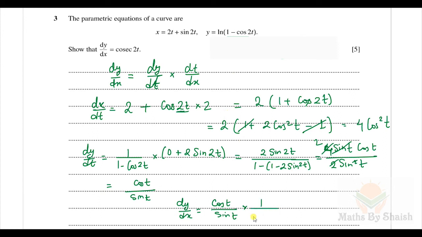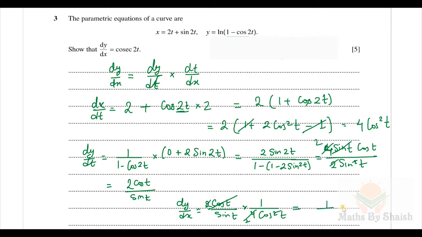So it is going to be 1 upon 4, sorry, here I left 2, so it is going to be 2 here, and 4 cos square t.